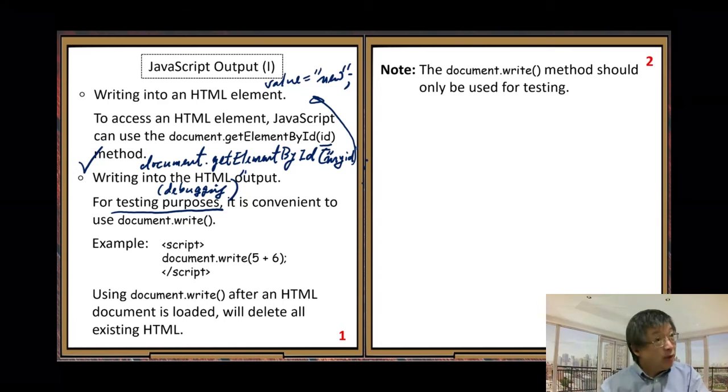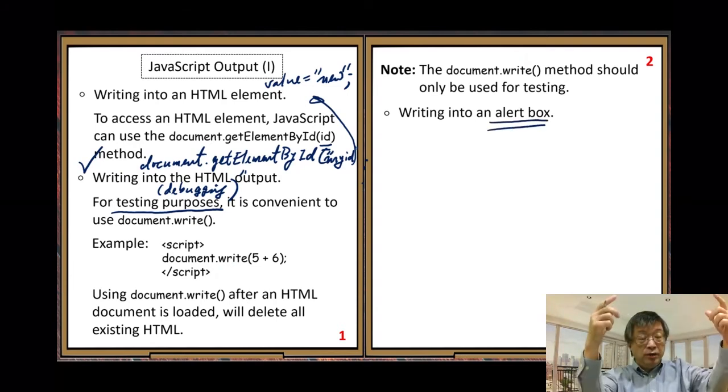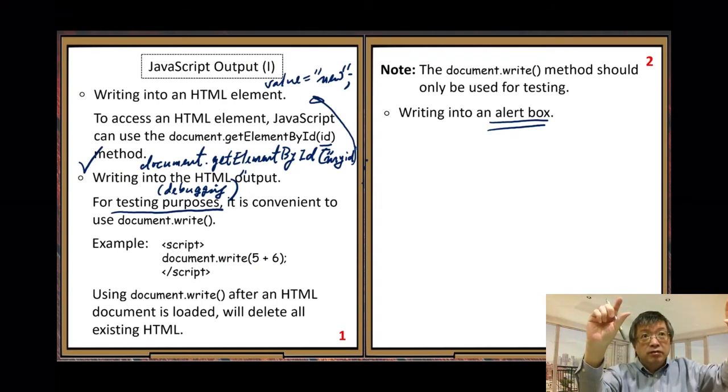Another way, many programmers like to use the second way. Writing into an alert box. Many people like to write some information, data values, into an alert box for debugging purposes. Because a pop-up window, an alert box, shows some information.